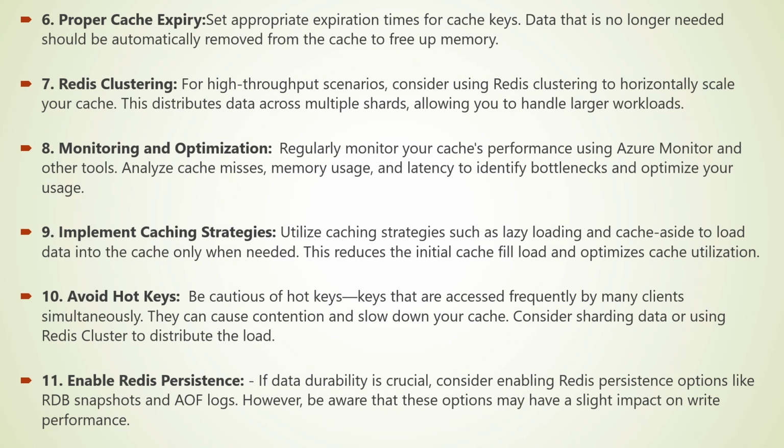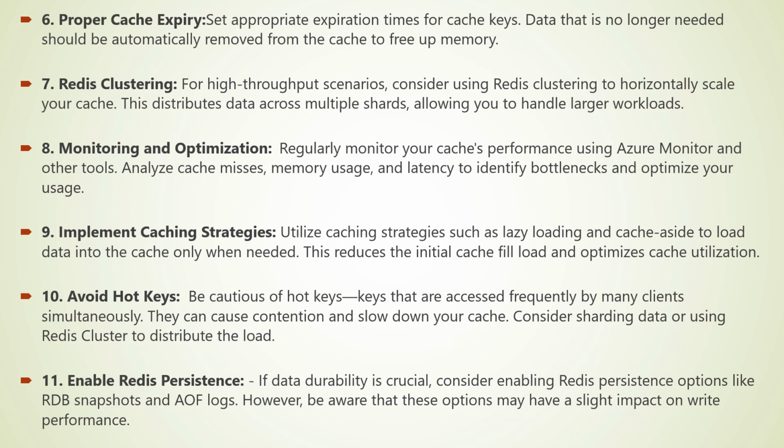Analyze cache misses, memory usage, and latency to identify bottlenecks and optimize your usage. 9. Implement caching strategies. Utilize caching strategies such as lazy loading and cache aside to load data into the cache only when needed. This reduces the initial cache fill load and optimizes cache utilization.